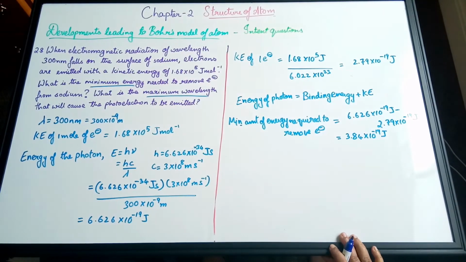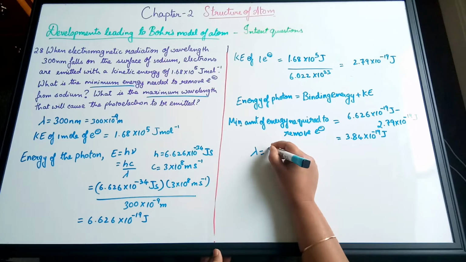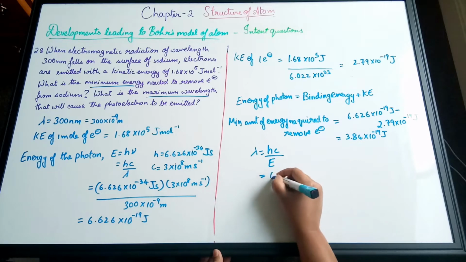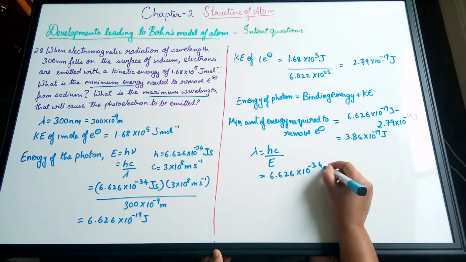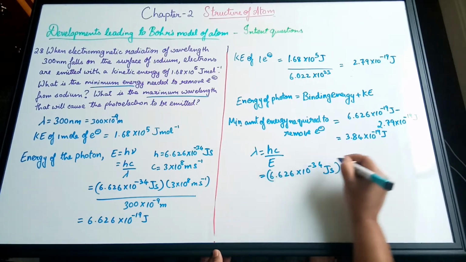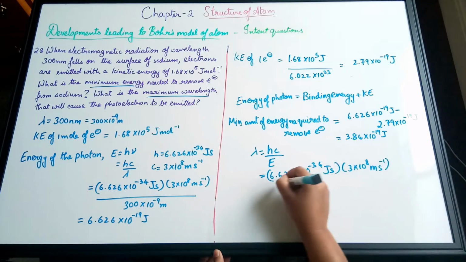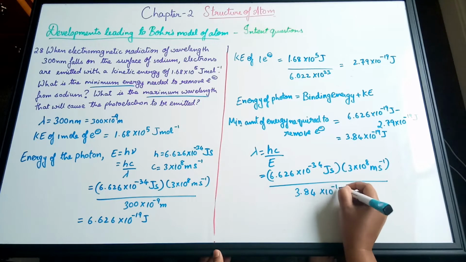Okay, so first we had to calculate the minimum energy that is required. From the minimum energy we can calculate the value of lambda. So lambda will be equal to hc by E. So h, as we know, is 6.626 into 10 to the power minus 34 joules second into 3 into 10 to the power 8 meters per second divided by 3.84 into 10 to the power minus 19 joules.